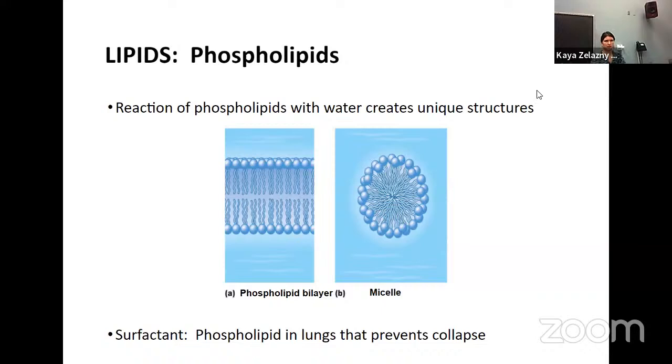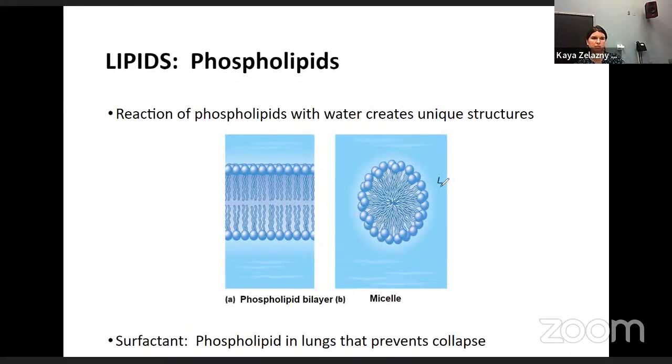If you were to drop a handful of phospholipids in water, there are some different structures they could make. One we won't talk about much, we'll see it once when we talk about digestion, but you might have seen it in face cleansing products. It can form something called micelles, which is all the fatty acids towards the center.